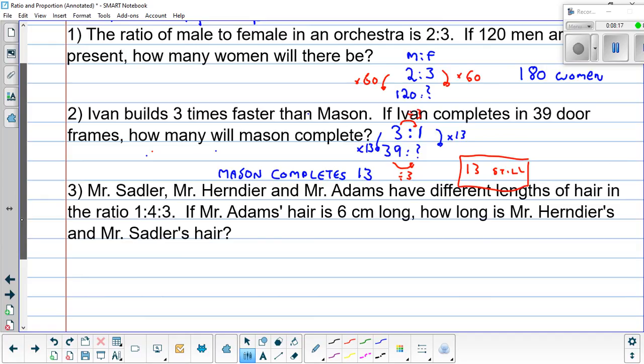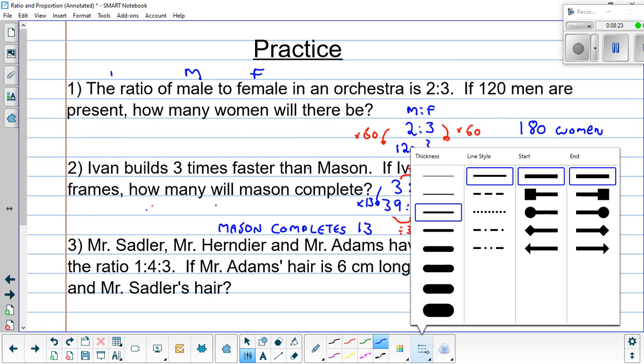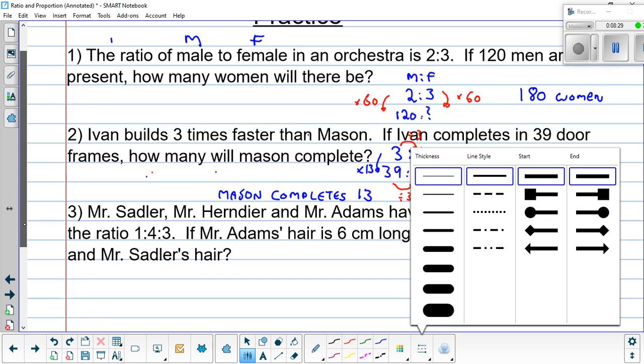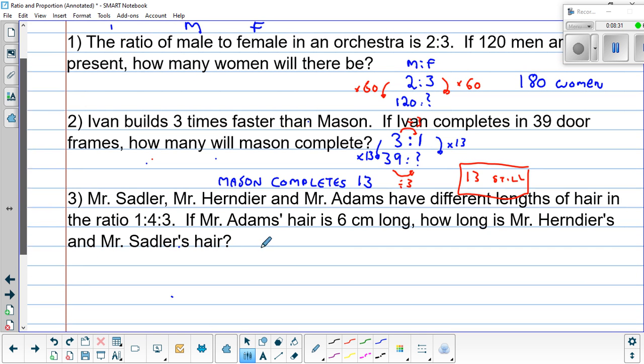Okay, so Mr. Sadler, Mr. Herndier, and Mr. Adams have different lengths of hair. So looks like we have hair that we're talking about and people. So I'm going to label them S, H, and A. And this is in the ratio of 1 to 4 to 3.